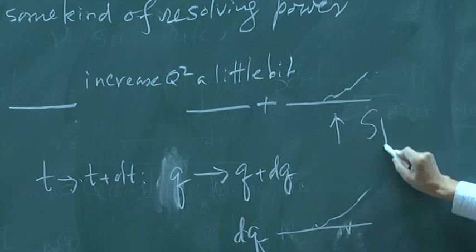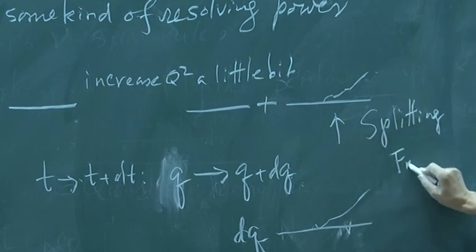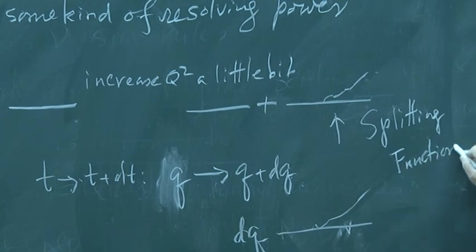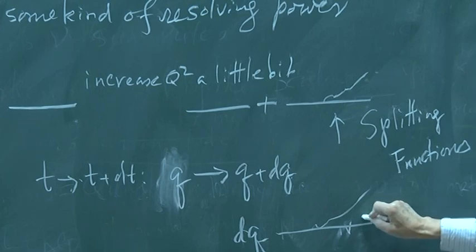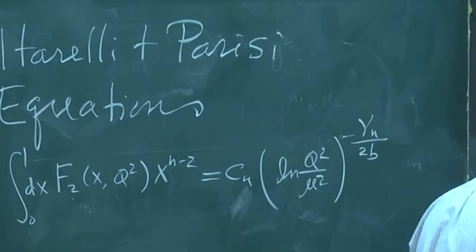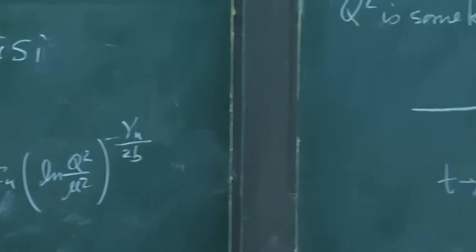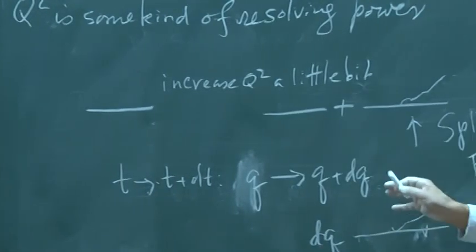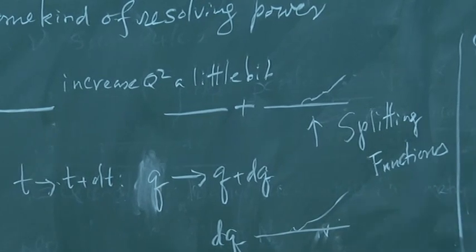So he called this a splitting function. And they show that if you include these contributions, you can reproduce all these things. So just to complete the story, again, if you want to know the details of this, check Chen and Liu. They show you how you do this.